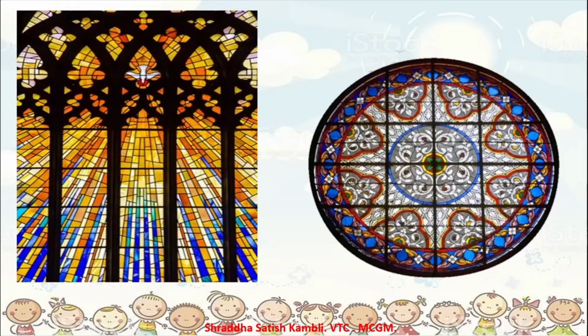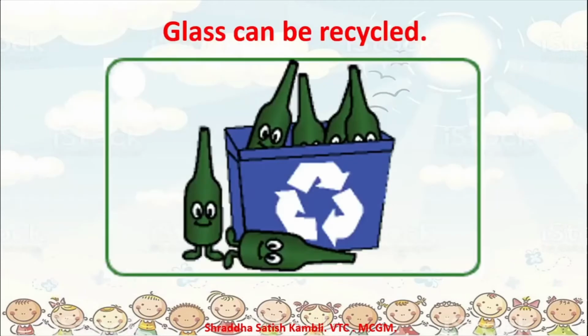So when the sand is heated, there are certain extra chemicals which are added to it in order to give color to the glass. So this is called stained glass, colored glass.